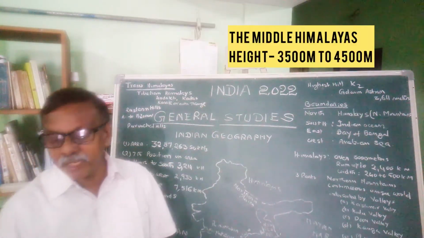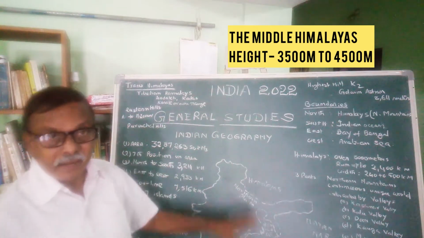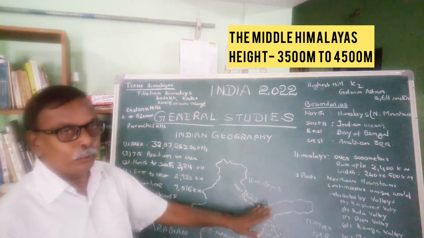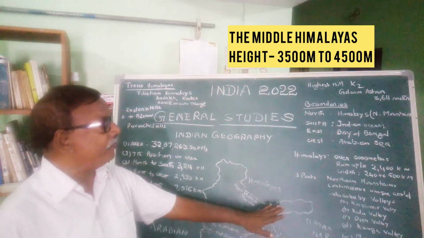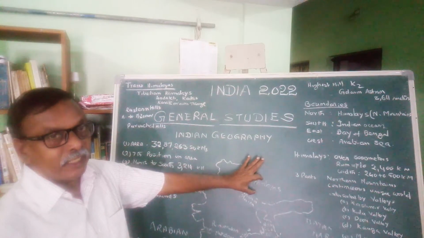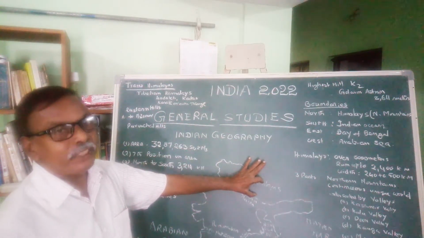The Middle Himalayas have a height of about 3,500 to 4,500 meters. The height of the greater mountains is above 8,000 meters.